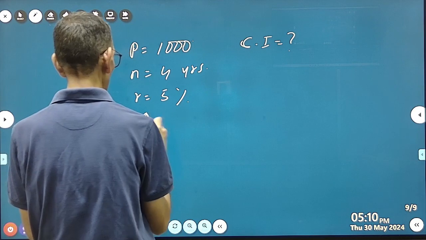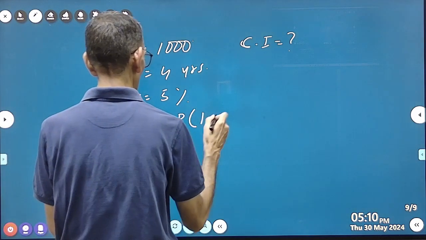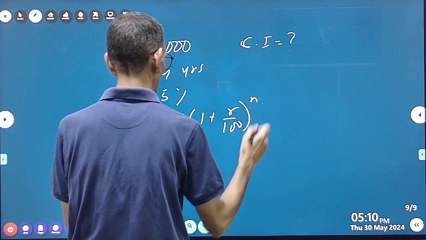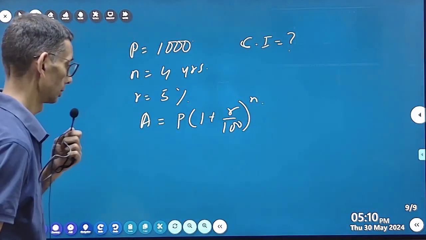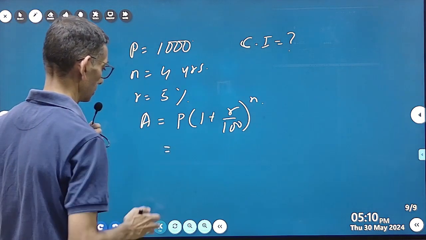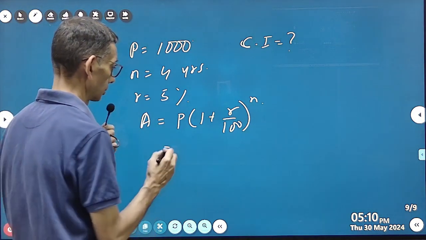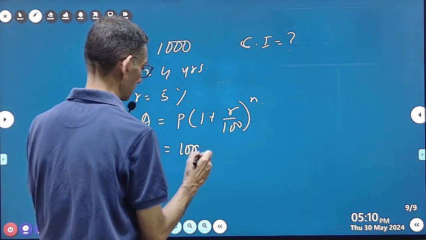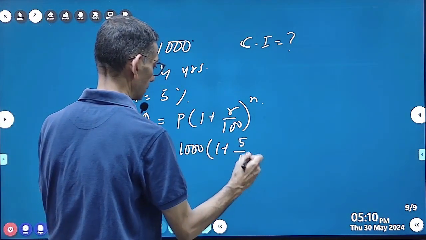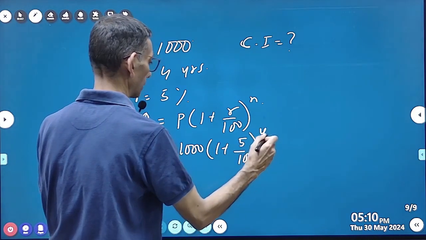So what is the formula for A? A is equal to P into (1 plus R by 100) whole to the power n, right? So what is P? 1000. 1 plus R is equal to 5, so 5 by 100, whole to the power n. n is equal to 4.